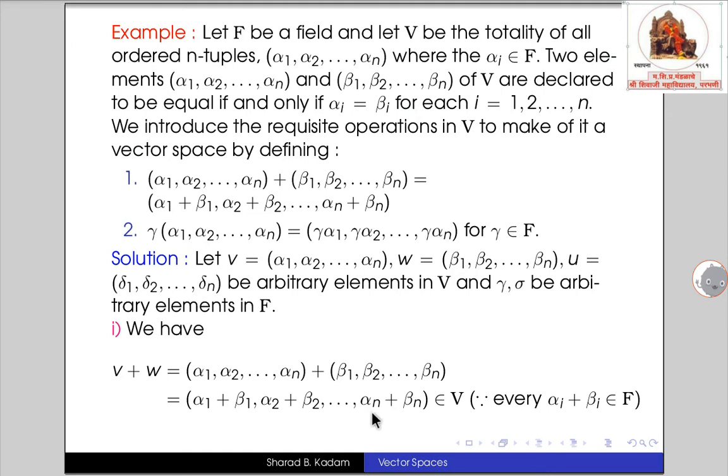The nth component will be alpha n plus beta n. Here alpha 1, alpha 2, alpha n, beta 1, beta 2, beta n all are scalars. So their addition will also be a scalar. That means alpha 1 plus beta 1, alpha 2 plus beta 2, alpha n plus beta n all are scalars. So that is why this element belongs to the set V.